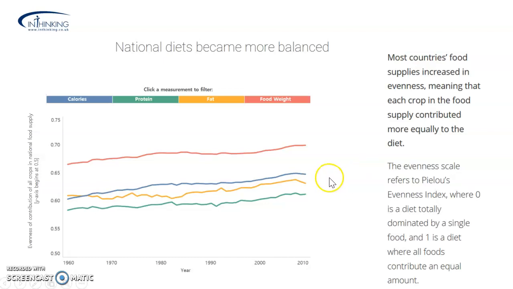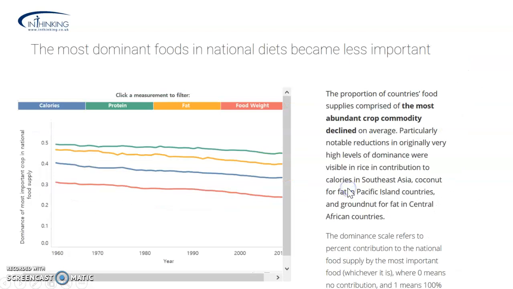So perhaps each particular crop type being no dominant crop type showing up as much. And then the most dominant foods in national diets have become less important. So traditional foods, staple commodities have fallen in their dominance.